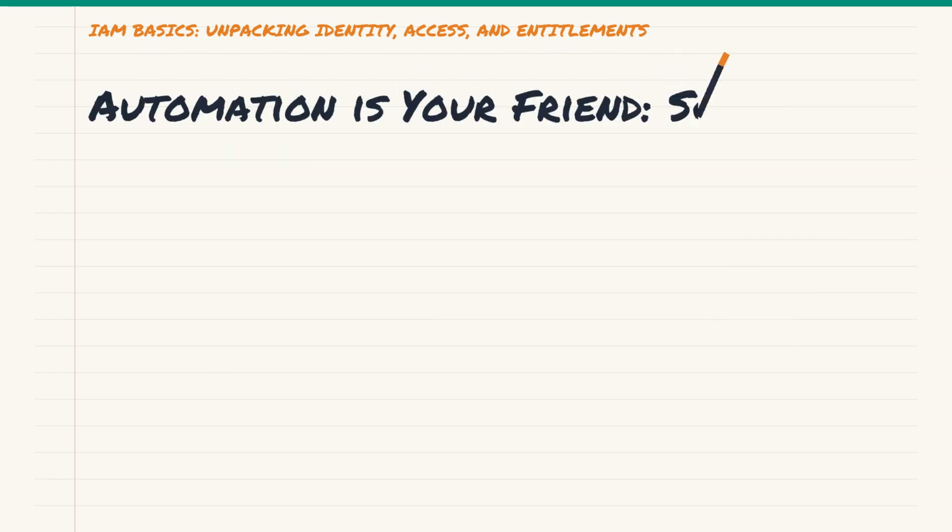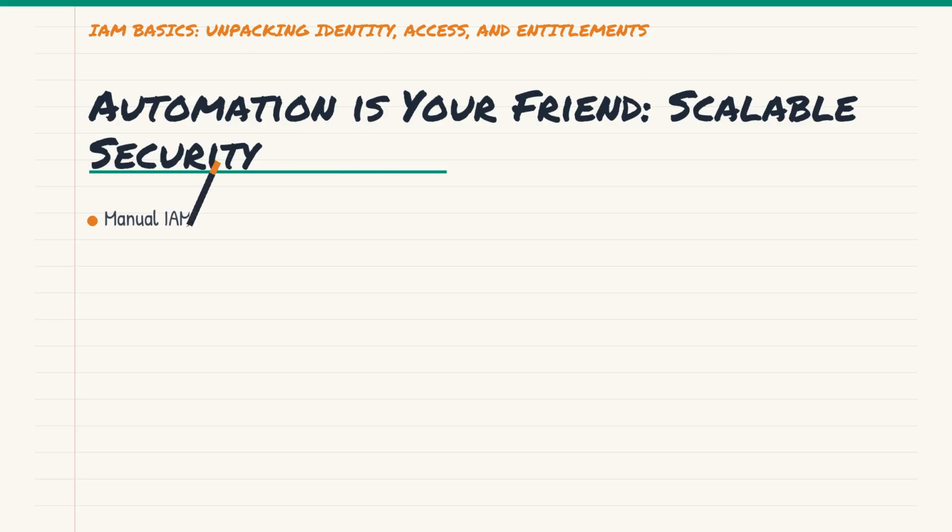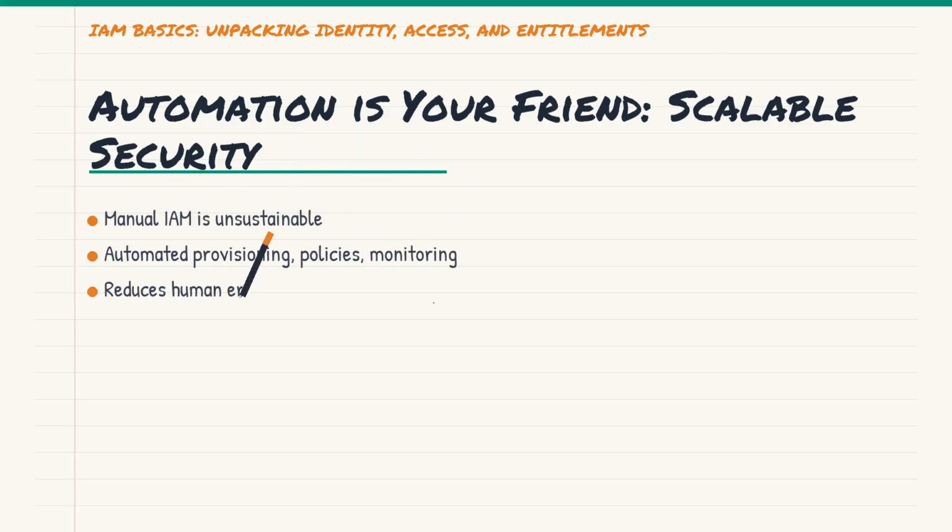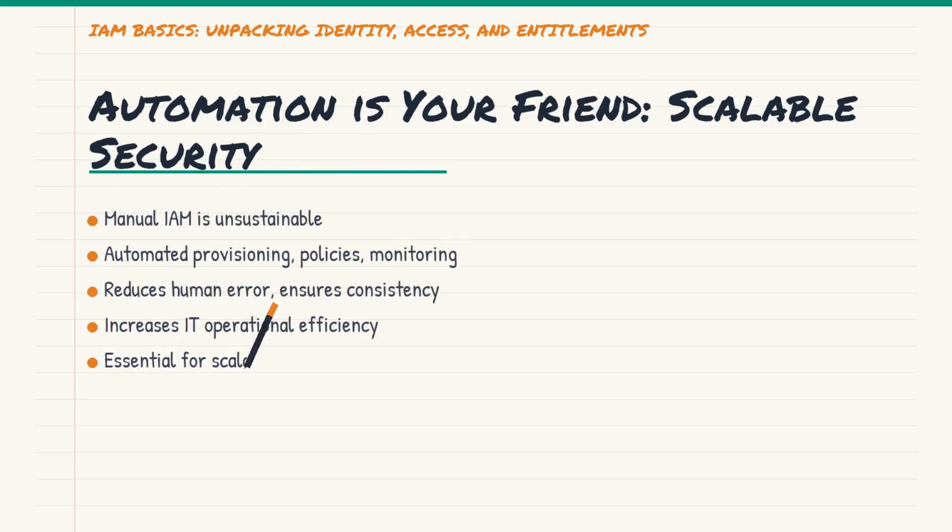Trying to manually manage all these identities, access rights, and entitlements across an entire organization, especially with the explosion of IoT, is impossible. That's why automation is your best friend in IAM. Automated systems can provision identities, apply roles and entitlements, enforce policies, monitor for anomalies, and deprovision access instantly.